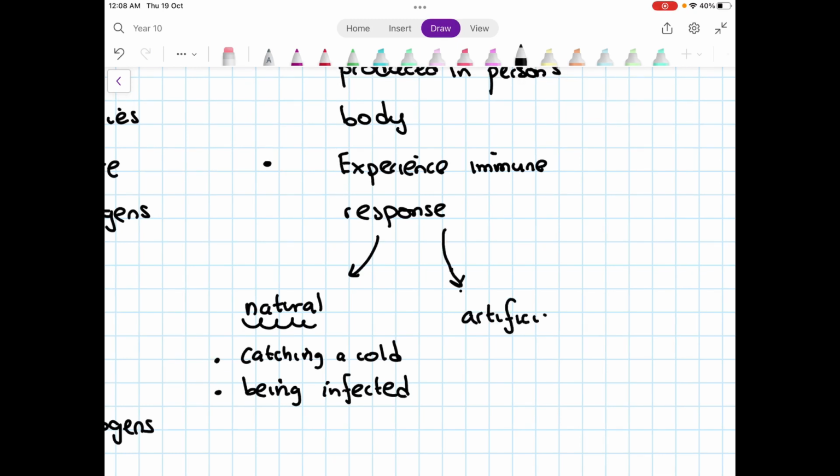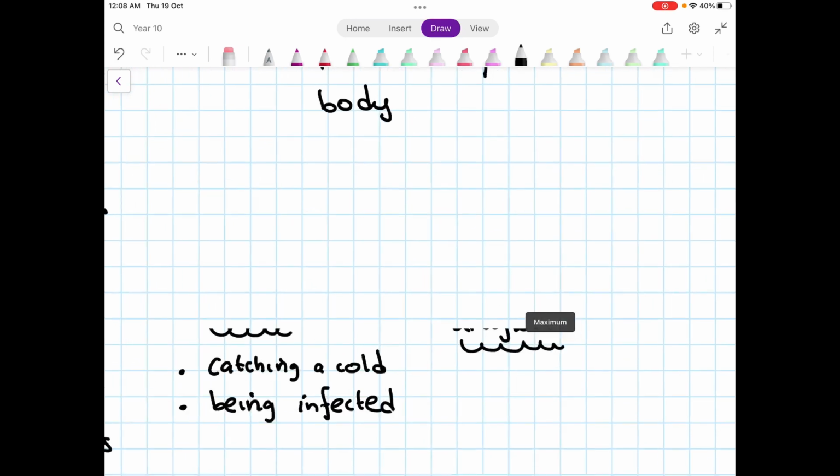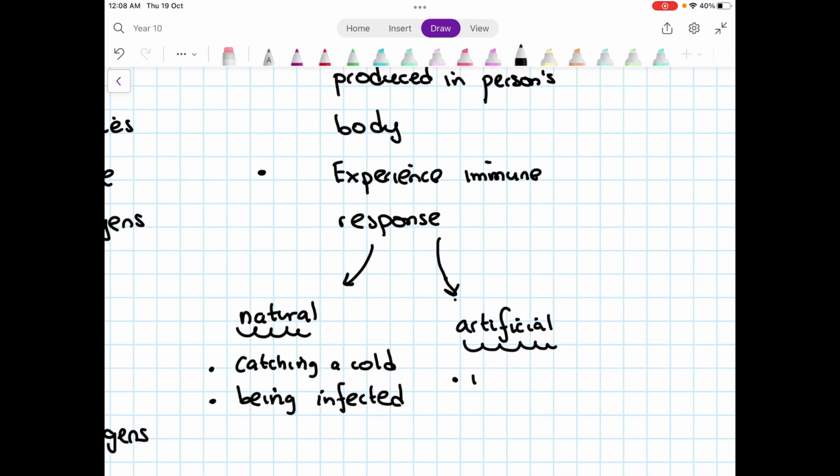And then you have artificial, and an example of artificial active immunity is when a pathogen is introduced into the body as a vaccine.